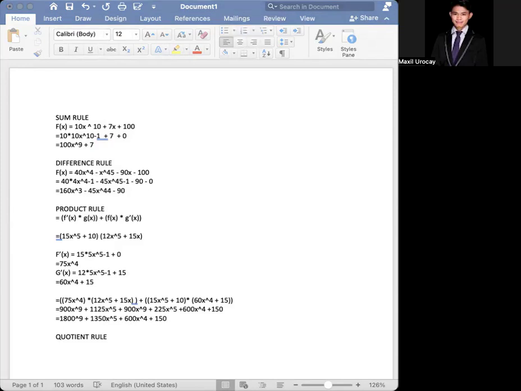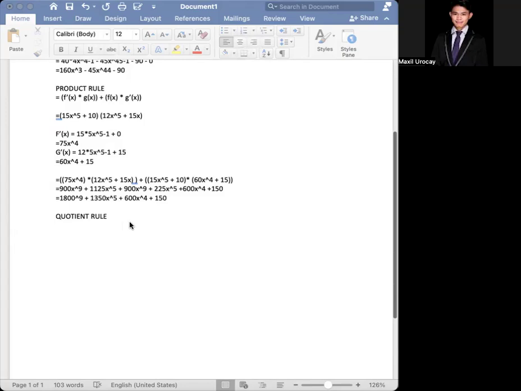That is a lot of process you will need to deal with, but I know that you can do it. So the next step will be the quotient rule. For the quotient rule, it is also a long process. For the formula, this is it.